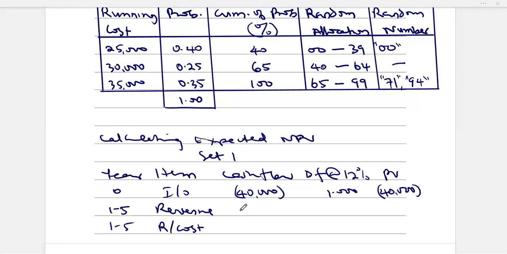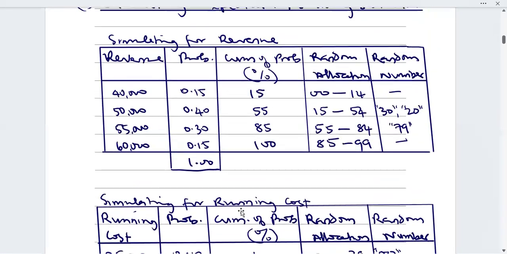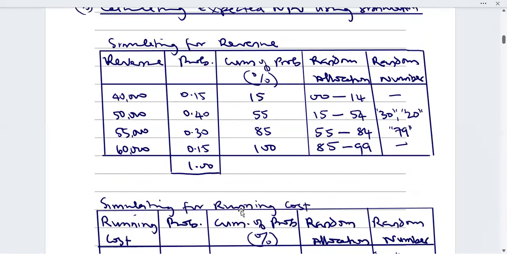Set 1, the random number for revenue is 30. This is where we have 30 for revenue. You now trace it to the left where you have the revenue in value. That's 50,000 naira.